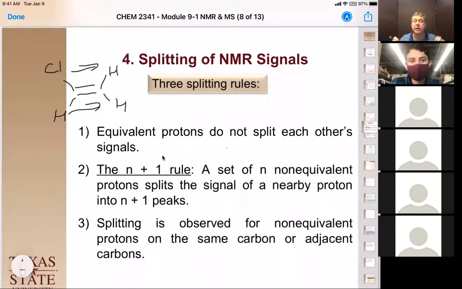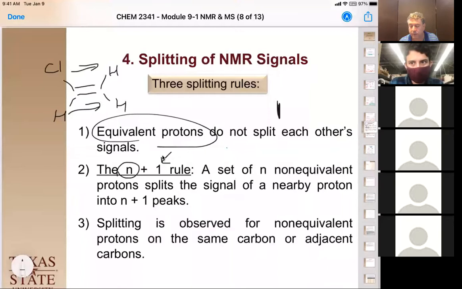Okay, so let's not forget what equivalent protons are. Equivalent protons do not split each other. All of the other non-equivalent protons that are within 3 bonds of these hydrogens will split that peak. So these equivalent protons give rise to a peak, and that would be the 1 in this n+1 rule. And then the n is all the hydrogens we can see within 3 bonds of those hydrogens.